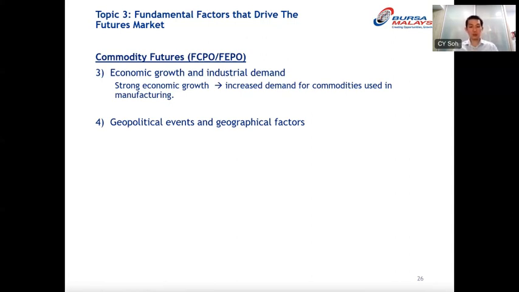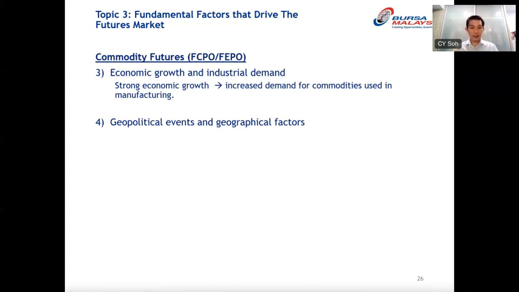Any disruption in the production or transportation of commodities due to geopolitical factors can affect your supply and demand, and ultimately the price in the market. So therefore, it is important for us to take note that the impact and the relevance of these fundamental factors can in fact vary depending on the specific commodity and market conditions.